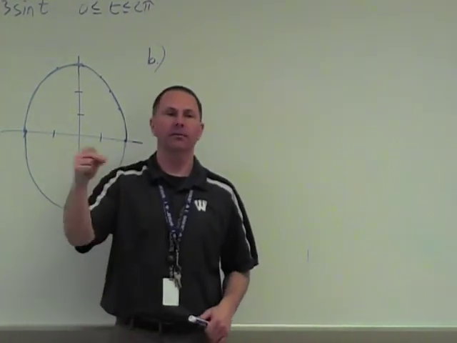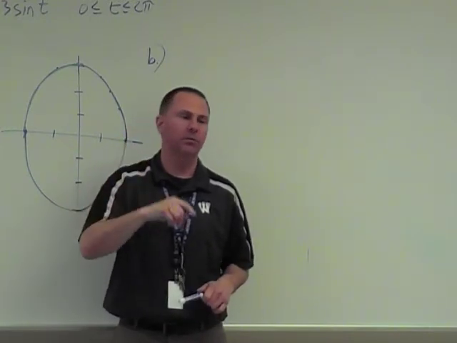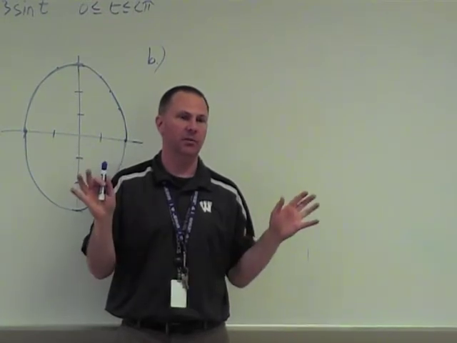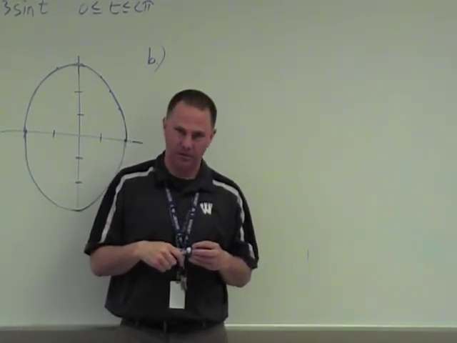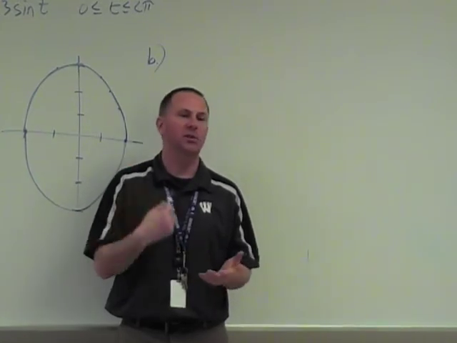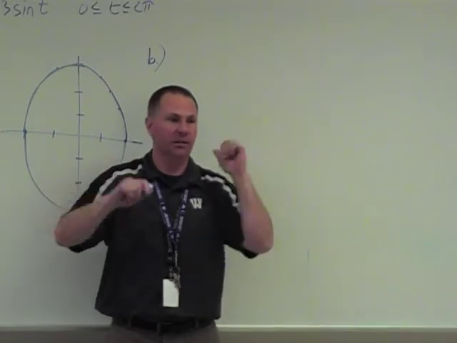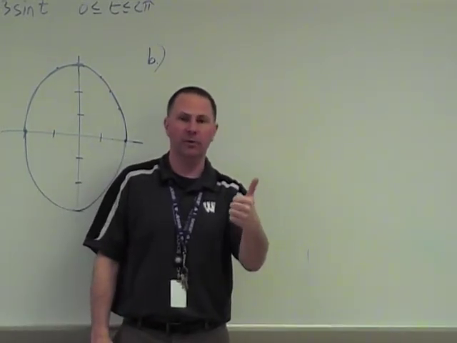You should be able to rattle this off just like you rattle the Pythagorean theorem off. With sine and cosine, what do you have? Sine squared plus cosine squared equals 1. That one should be rattled off just like your Pythagorean theorem. You should know that forever.